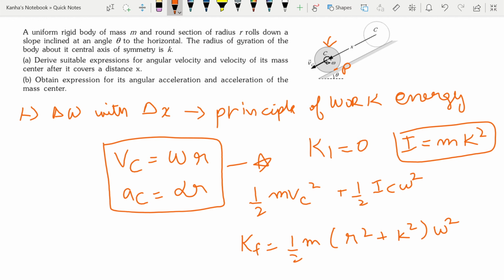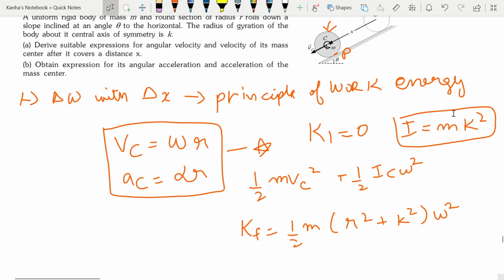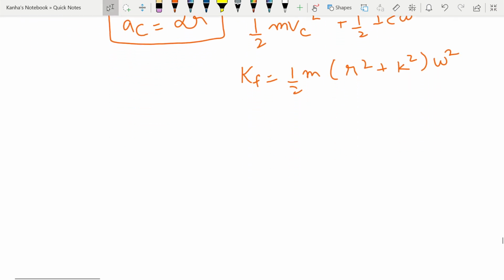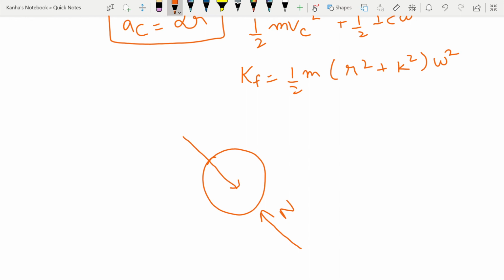Now the forces that are acting on the body are its weight, the normal reaction N, and the force of static friction. So we've made these FBDs multiple times before. Let me just make the free body diagram of this once more. It's similar to what we've been studying till now. You have a ball here. There will be a normal reaction from the surface in this direction. The forces that will be there are your mg cos theta in this direction.